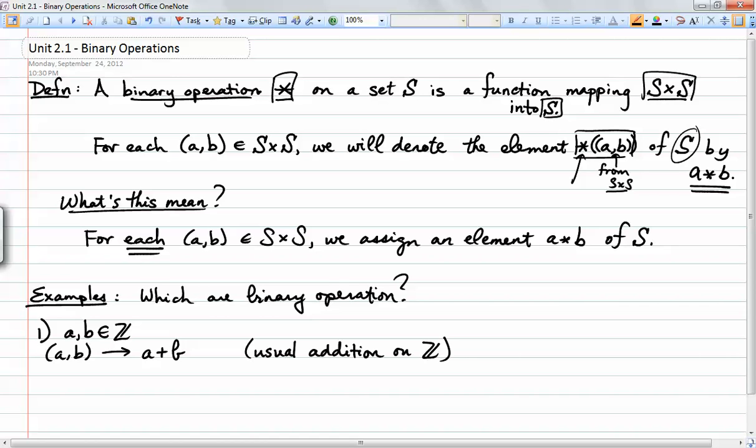Well, if I take any ordered pair from Z cross Z, so this A and B pair, and I add them together, that's always going to be in Z. And it works for any pair. So for each A comma B in Z cross Z, we assign an element of Z. So yeah, that is a binary operation.